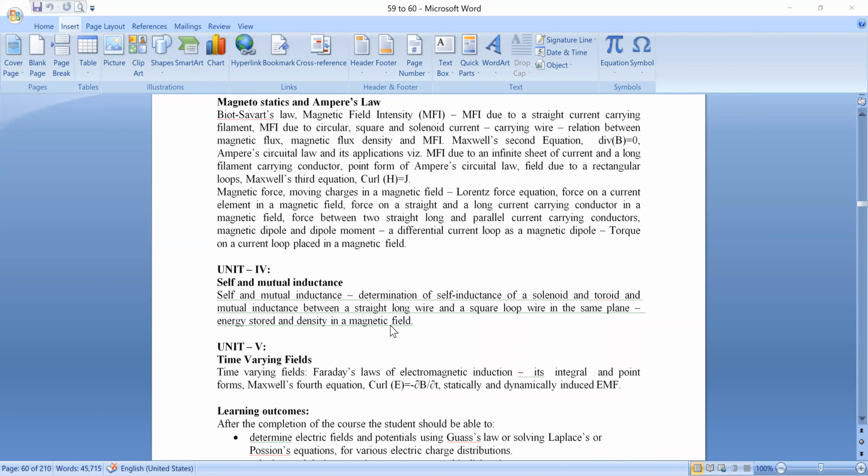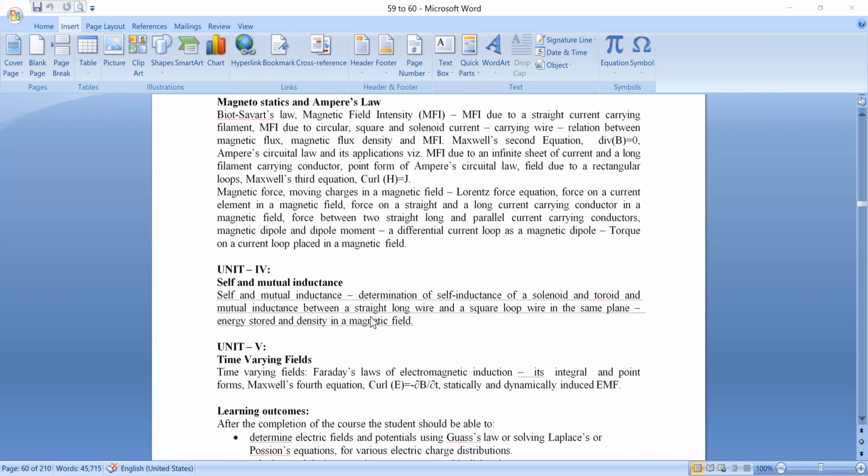Inductors are used to store magnetic energy. Capacitors are used to store electrical energy. In the same way, energy stored and energy density in inductors, in a magnetic field, is discussed in this chapter.